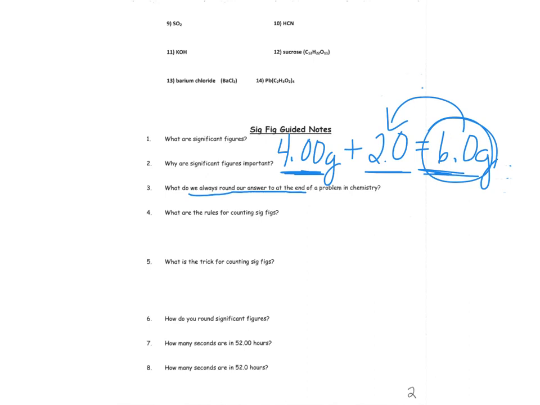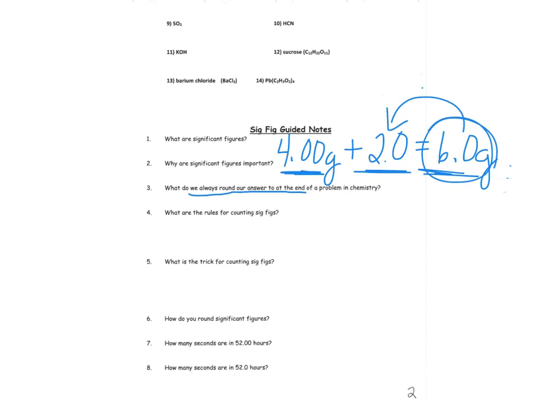You put it together in your container and now have 6.0 grams of calcium. You're not going to have 6.00 grams, because even though you were pretty accurate, our answer in chemistry is only as good as our least accurate number of digits.